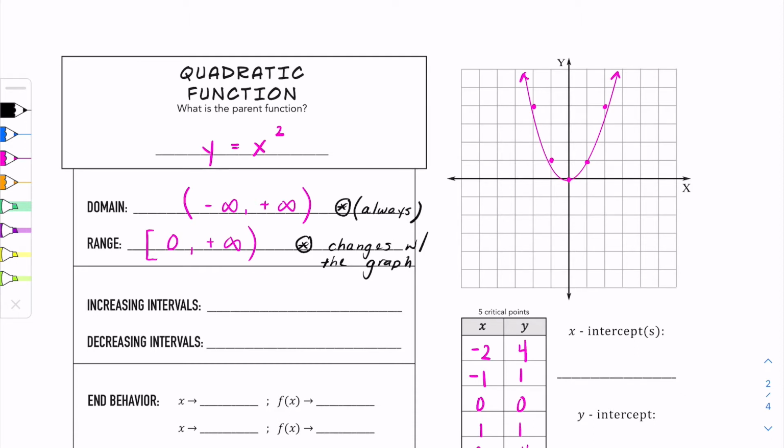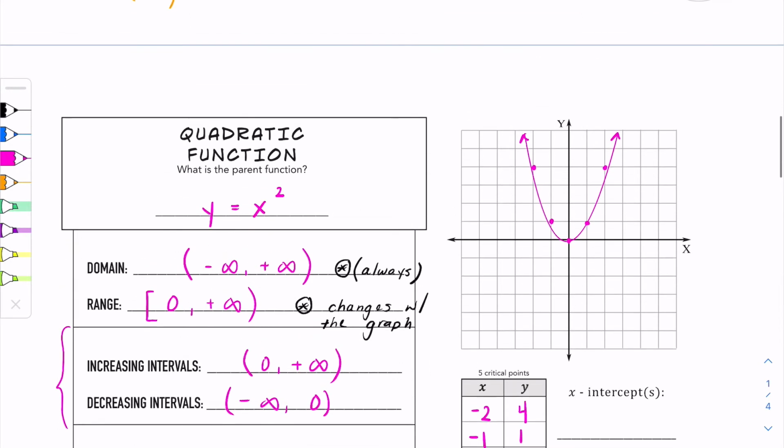So in this example, our increasing intervals are going to be from 0 to positive infinity. Our decreasing intervals are from negative infinity to 0. Remember that you're always using x values, and you're always using round brackets or parentheses.